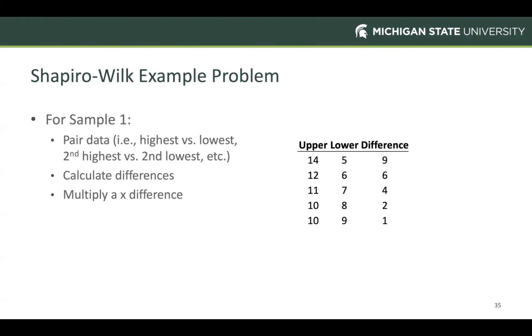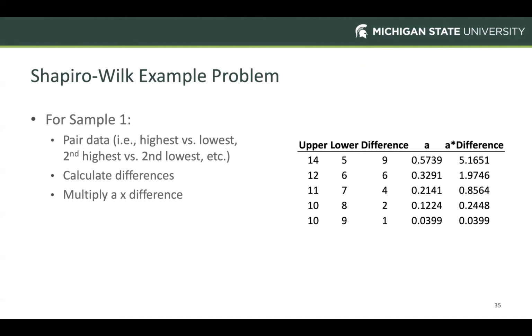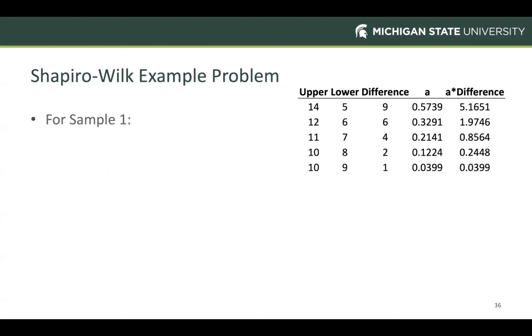We're then going to take our coefficients a that were introduced previously and multiply those times the difference. And so here we basically see those a coefficients times these corresponding differences. We're going to take those quantities and sum them up, and those will end up summing to 8.208 in this case.